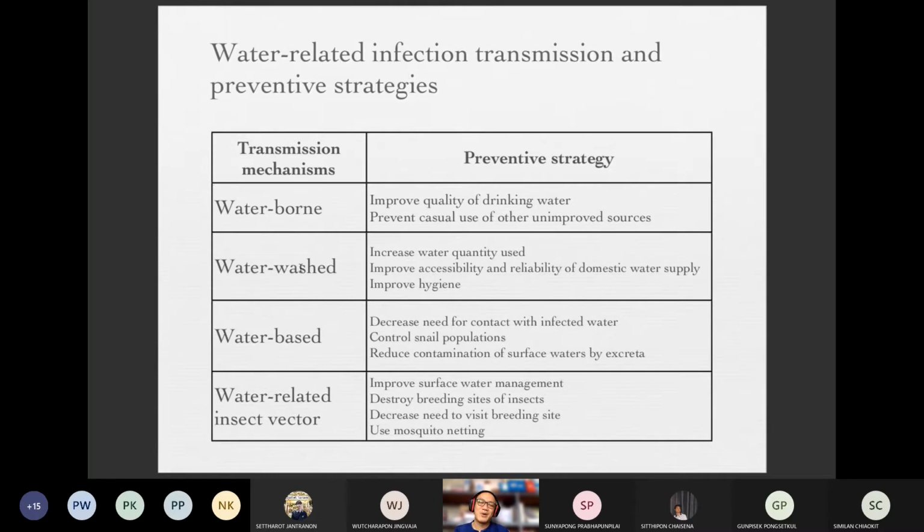We are not directly doing the preventive strategies for the water-based and the water-related insect vector. These are not our jobs. I'm talking in general, okay? But we will do more on improving the quality of water, so that these jobs will help to prevent disease transmitted by the waterborne mechanism, and sometimes water wash mechanisms.